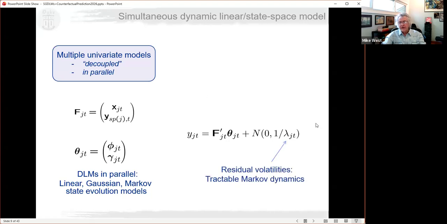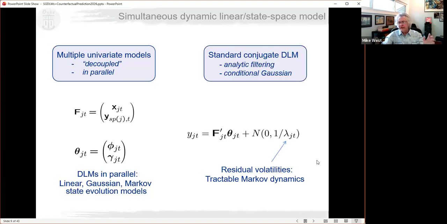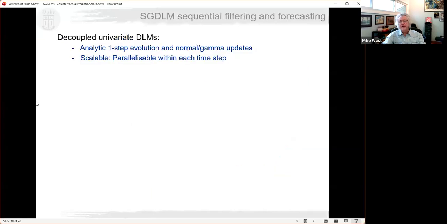Those of you that are familiar with the Bayesian literature on state space models will know that one of the frills is easy, tractable Markov dynamics for time varying volatility. The point here is we've got standard analytic, trivial computational methodology in these models, if we were to exploit that in the SGDLM analysis.